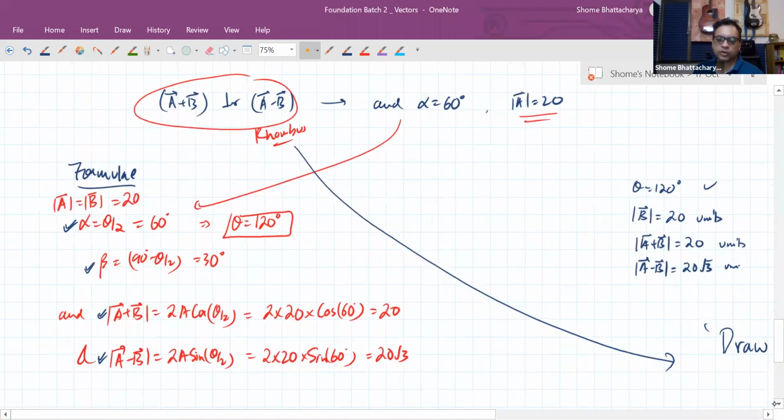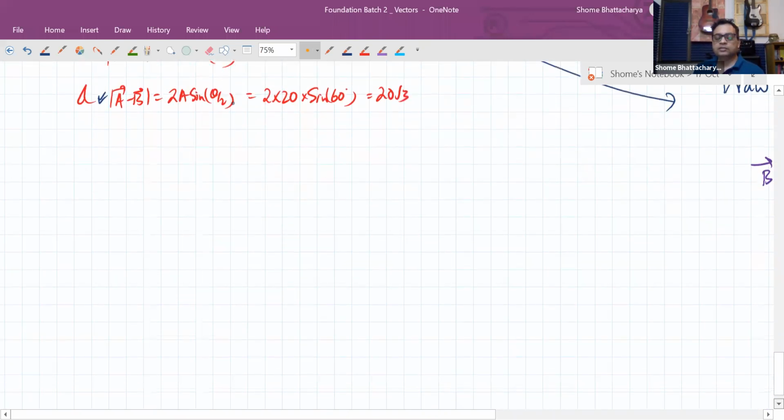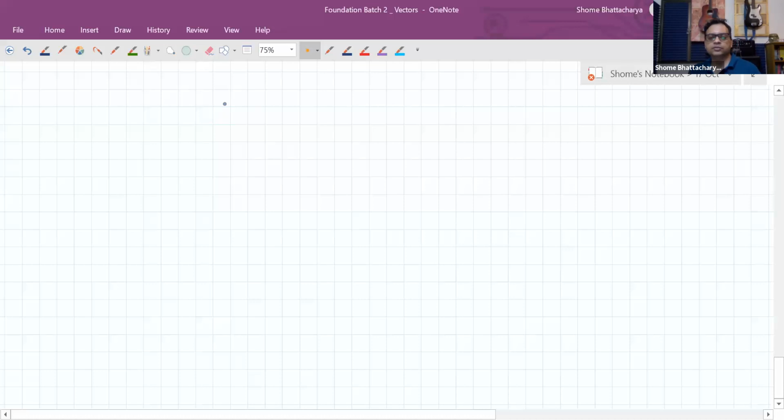Okay, now moving on to the next aspect of vectors. Today we will see the situation of three-dimensional component representation of vectors, or basically what is called a vector in three-dimensional component form.